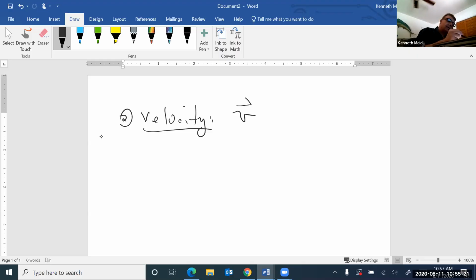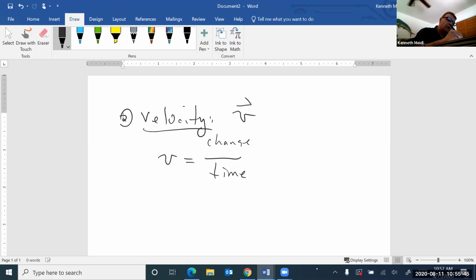Velocity is the rate. Any sort of rate is something being kept track of per time. Velocity is the equal sign per time of a change of position. So maybe I'll write this out.